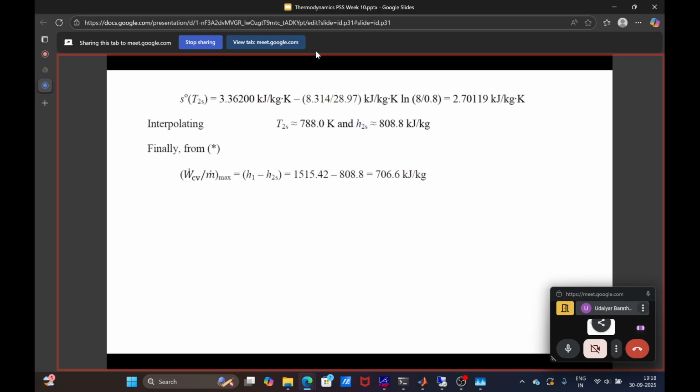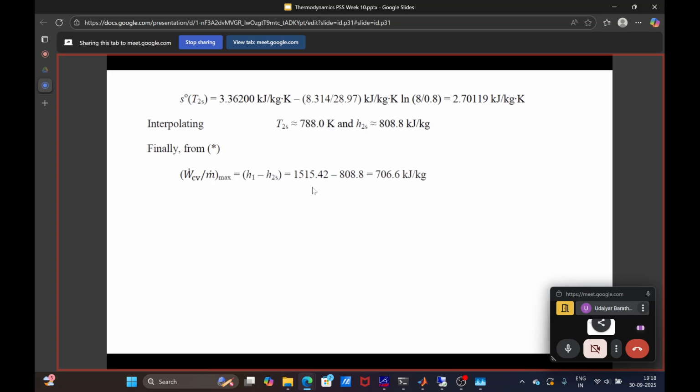Interpolating for air from the air table, we get T2s to be 788 Kelvin, and the corresponding enthalpy at T2s and 0.8 bar comes out to be 808.8 kilojoule per kg. Finally applying it in the first law, we got W by m is H1 minus H2s.